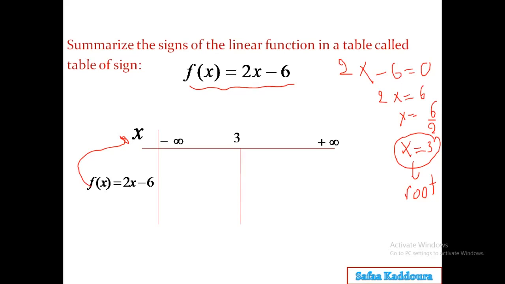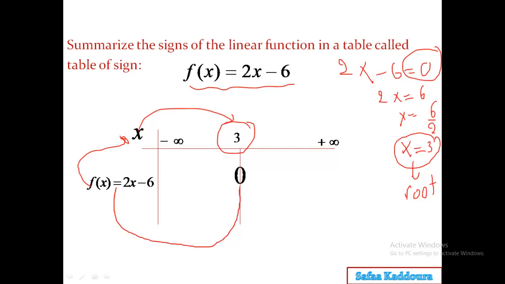First, at the root 3, the function f of x has the value 0. So we put 0. I will read it: at x equal 3, f of x has the value 0. Okay? Then we will continue.